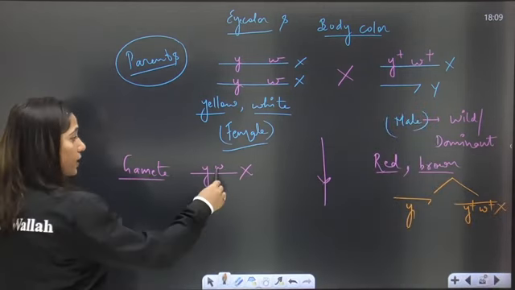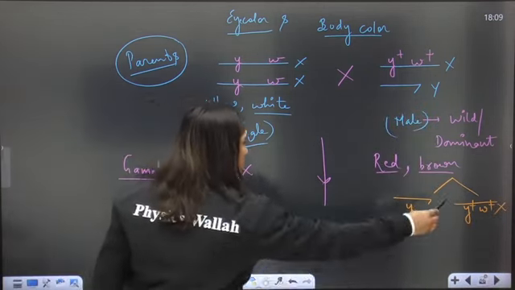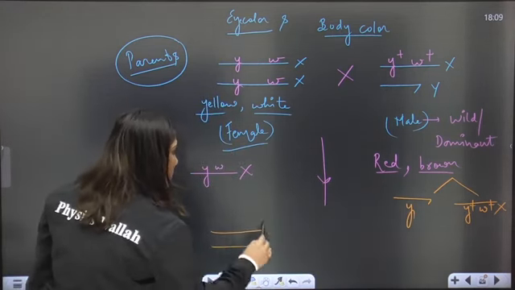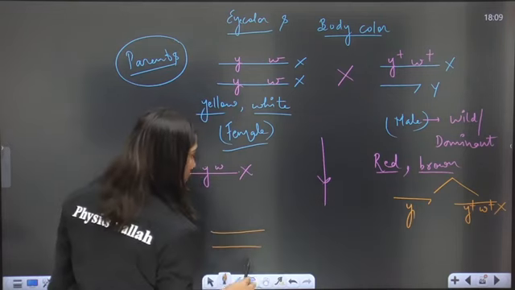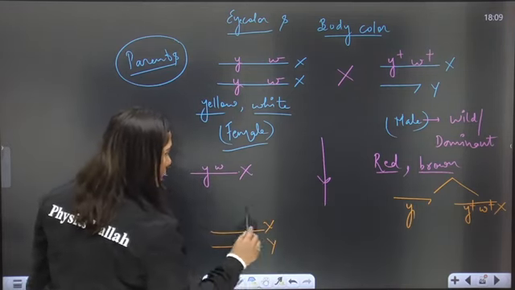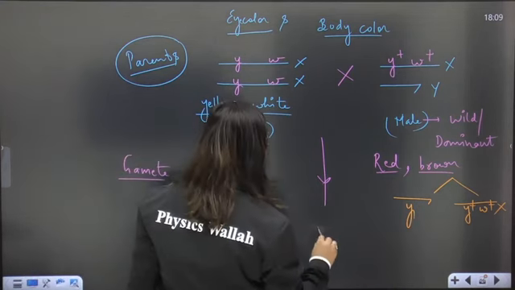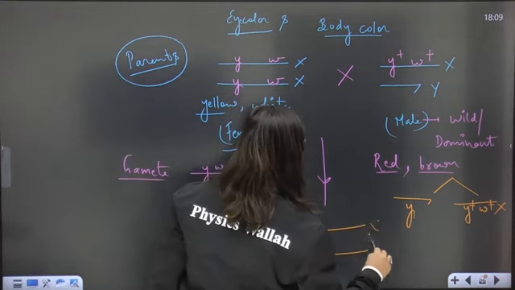Okay, and then if we cross these gametes, what will we get? We will get X with Y, we will have male, and X with X, we will have female.